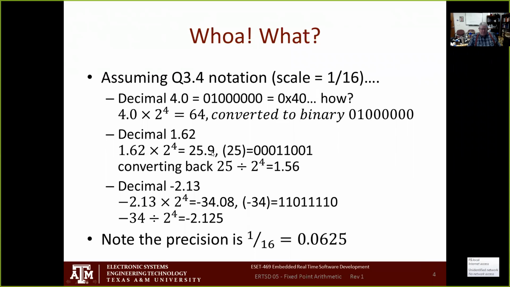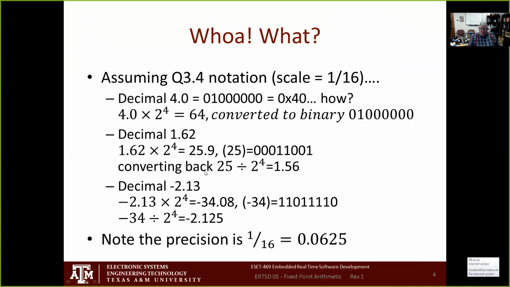We're never going to round. We're always going to truncate. So in this case, 1.62 times our scale factor is 25.9, which we're going to call 25, which we represent just like this. Okay? And so that is actually a 1.9 in hex.